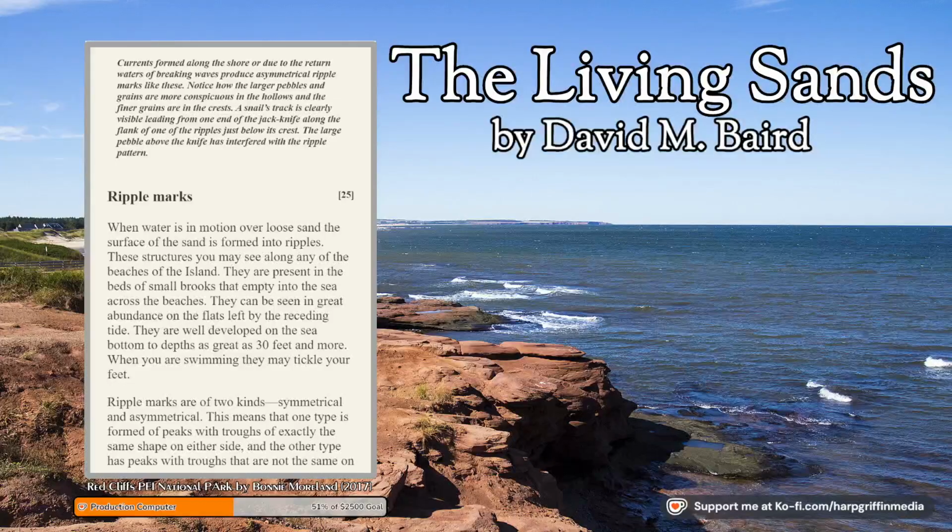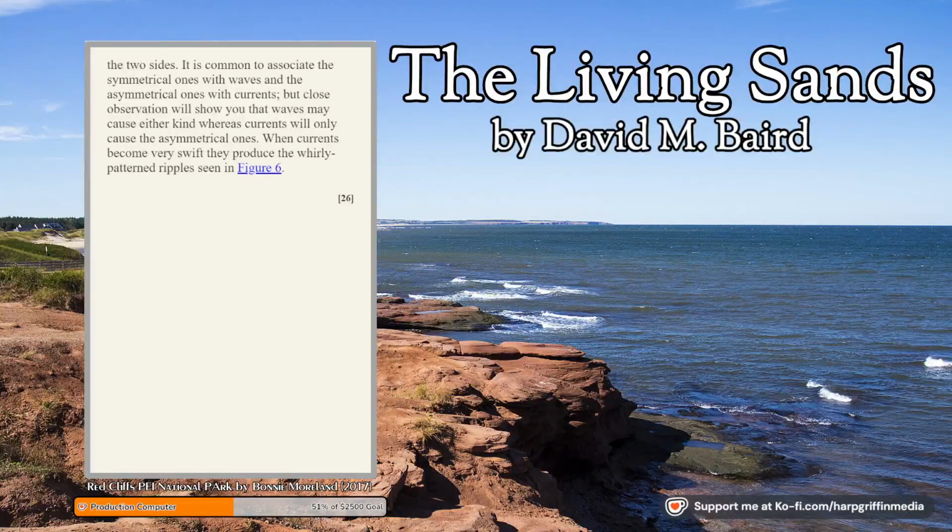Ripple marks are of two kinds, symmetrical and asymmetrical. This means that one type is formed of peaks with troughs of exactly the same shape on either side, and the other type has peaks with troughs that are not the same on the two sides.